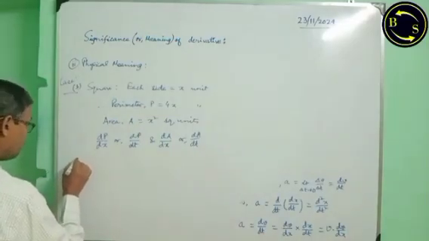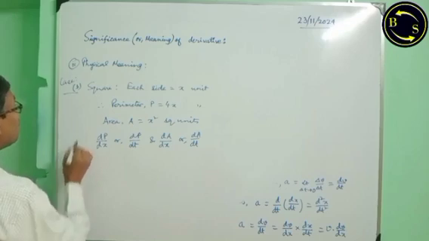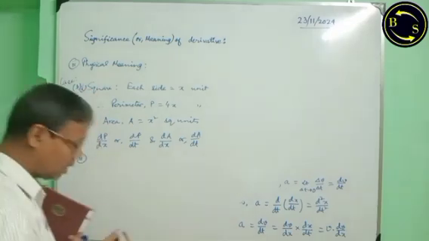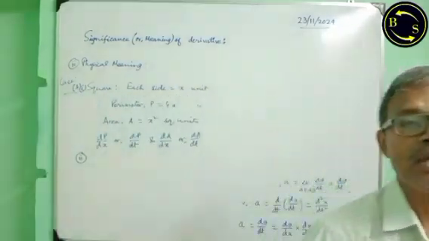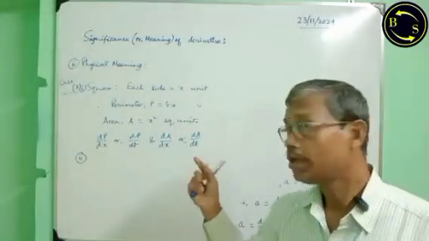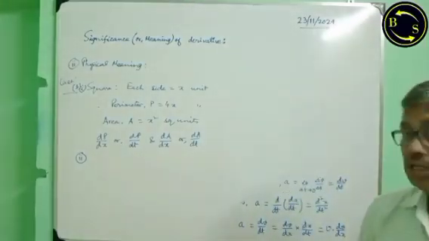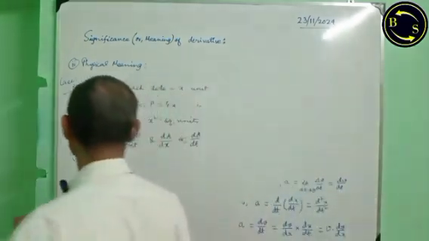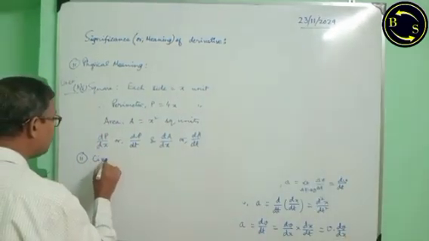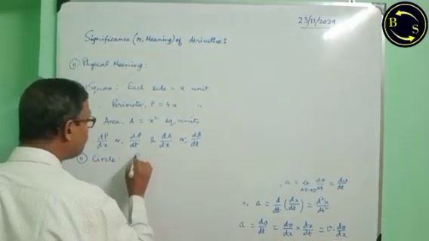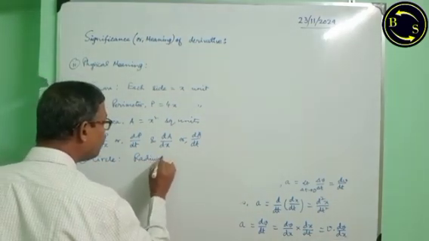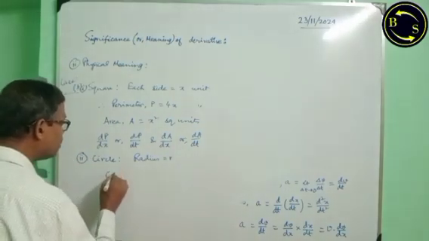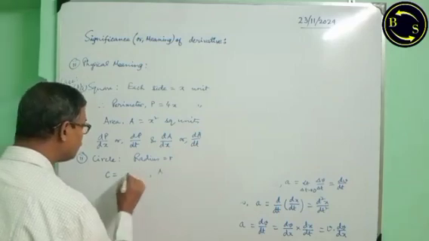In case of triangle, generally we consider an equilateral triangle, and the rate of change of perimeter and rate of change of area may be considered. In case of circle, if the radius be r, then we consider circumference as well as area.